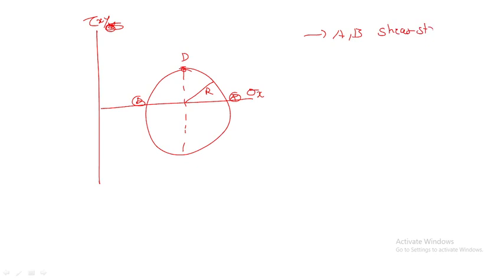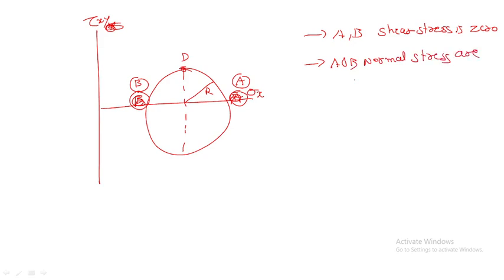Where are the A and B points? This is point A and this is point B. At A and B, shear stress is 0, and the normal stress is maximum and minimum.